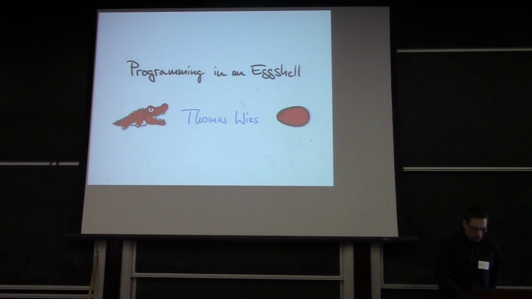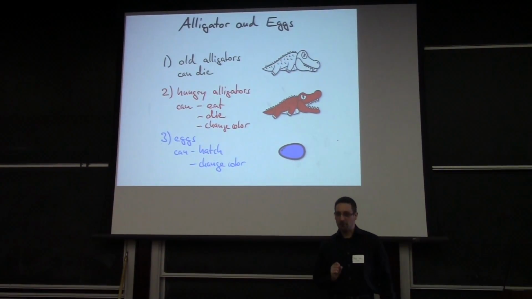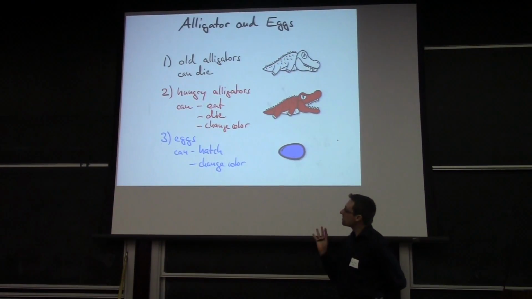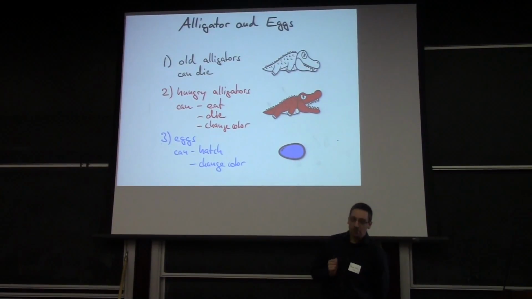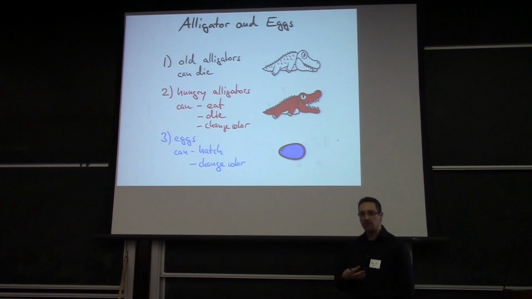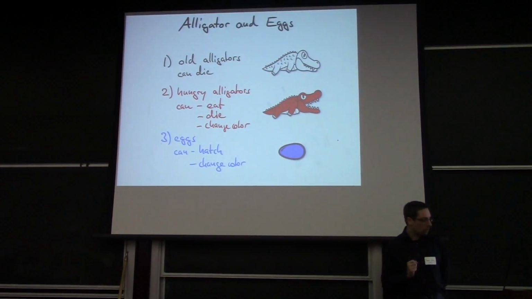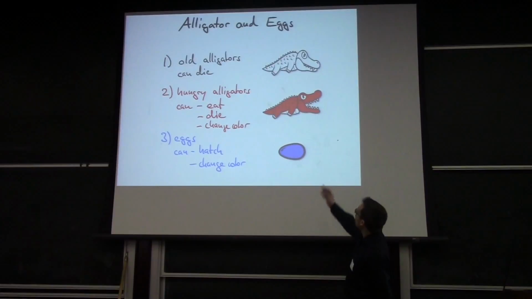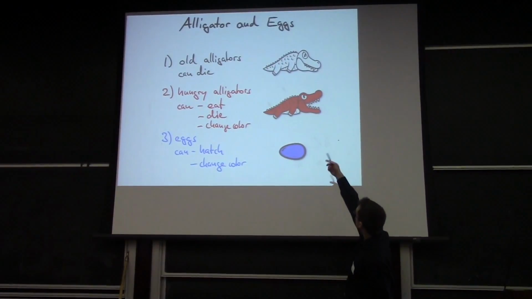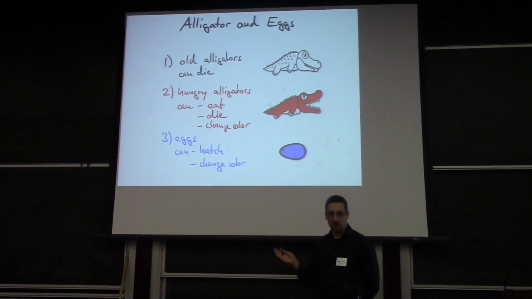Okay, so what we're going to learn today is a very simple programming language, and it's sort of like a puzzle game. It's called Alligators and Eggs. Here, on the slide, you can see the programming constructs that you can use in this programming language. There are essentially just three programming constructs. So we have old alligators. These guys look somewhat tired, and the only thing they can do is die.